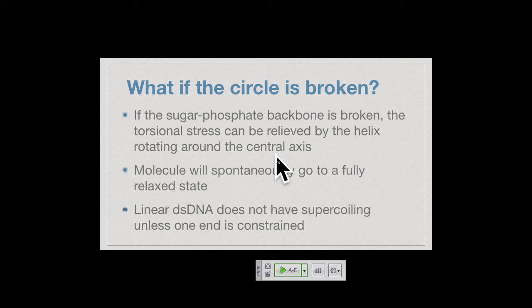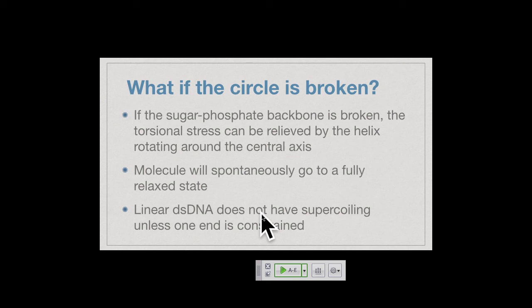Now that can happen by accident, or we can do this with enzymes, which I'll tell you about in a moment. Another important point is linear double-stranded DNA cannot be supercoiled. Does that make sense? You just have a linear molecule, you rotate one end, the other end turns.